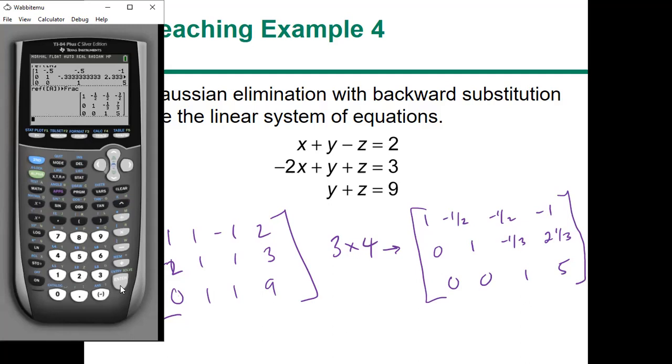So after you do the second, that's the negative 1, and now the arrow up to REF. Yes.